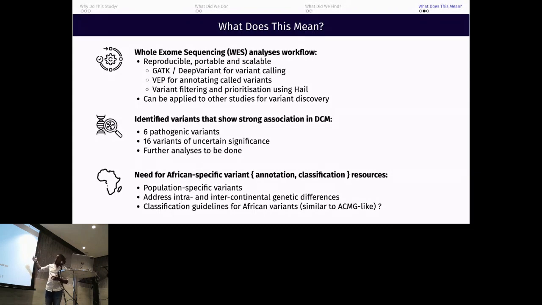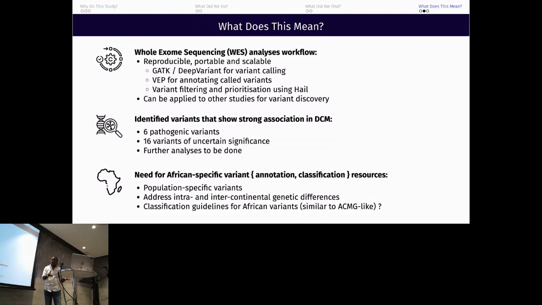The variants that we identify show a very strong association with DCM, but we're still doing further analysis and annotation to figure out whether they are really associated with the disease. And then finally, when we were doing the annotation, a lot of variants that we picked up didn't have any annotations, because the databases are mainly created on European and East Asian populations.